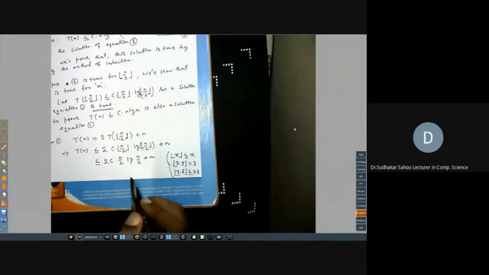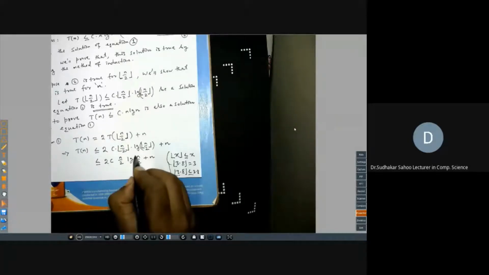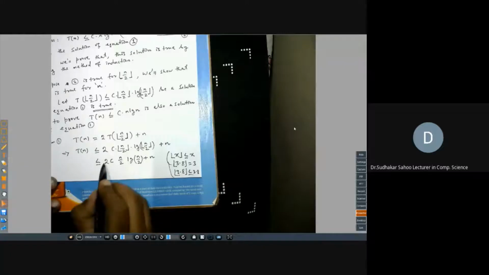So here, for easy calculation, I am just deleting the floor function, and the inequality also holds. So now I can write log n by 2, this is better. So the 2 cancels.